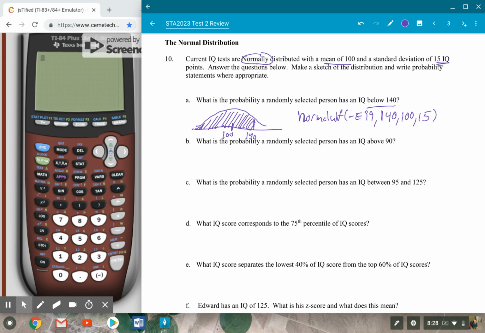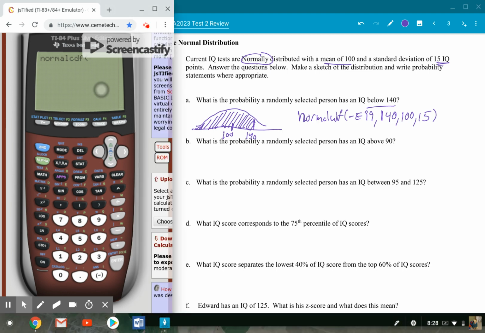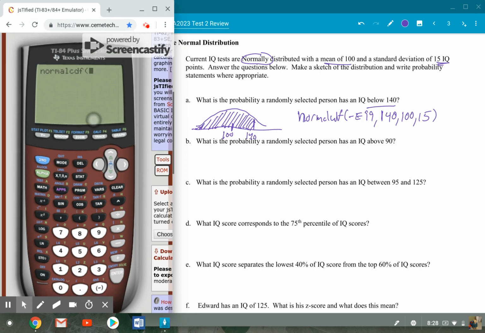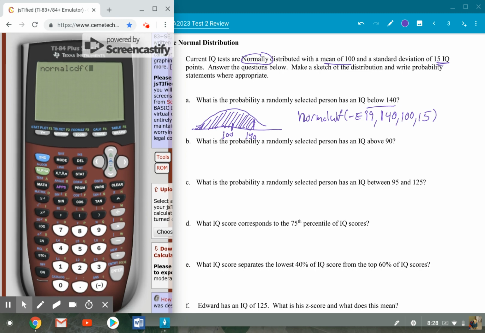So to get to that normal CDF, we'll go second vars. It's number 2, never normal PDF for this class. So I'll go with negative, second, comma to get that E, my 99, comma 140, comma 100, comma 15.